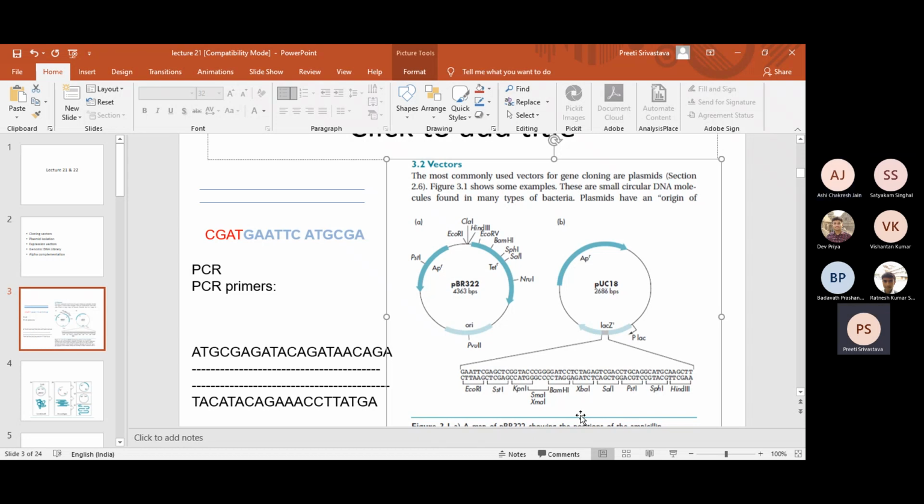So see, for ligation, you need to prepare vector and you need to prepare insert. So my question is, for directional cloning, which sites should be used in the vector? Based upon what I have taught. Just try it once and then I'll help you.